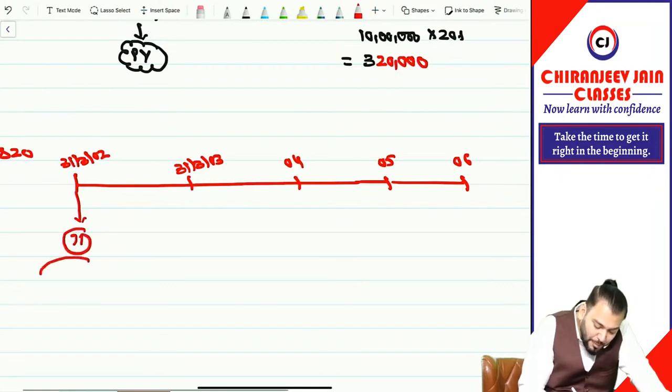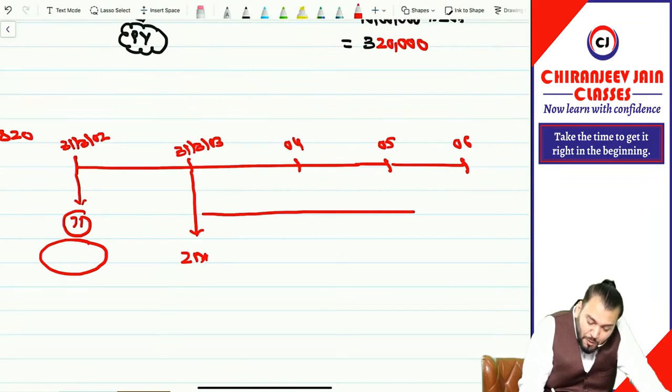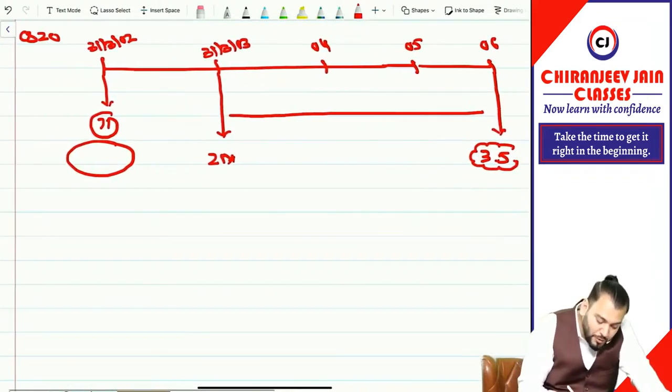We need to find the amount of provision as on this date. What is the amount payable as on this date? 2 million. And after 3 more years, what is the amount payable? 3.5 million. Understood what I am doing? Now, what will be the amount of provision?